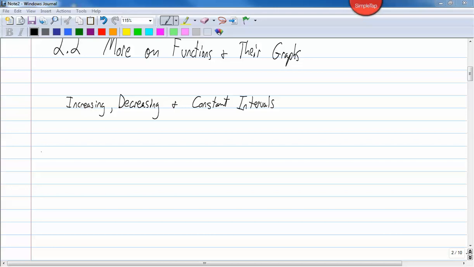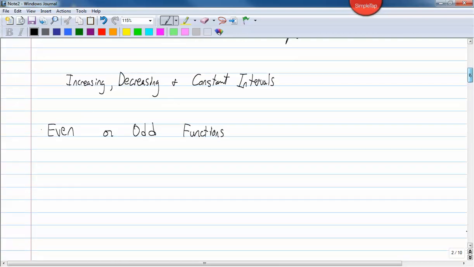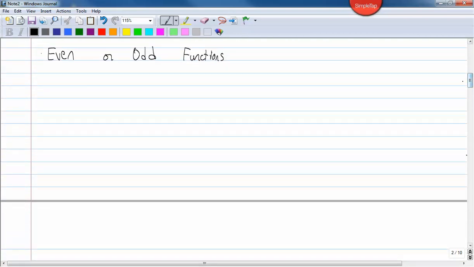Now let's talk about symmetry. We can call a function even or odd if one of the following conditions is met.